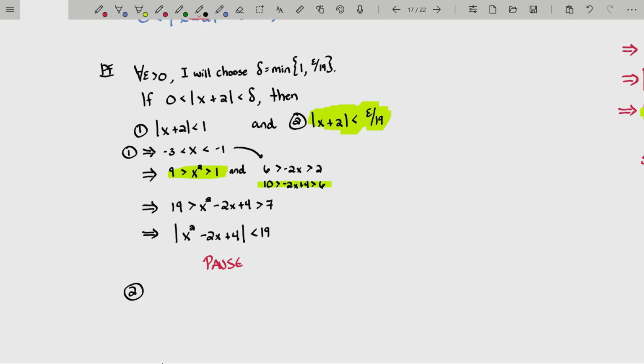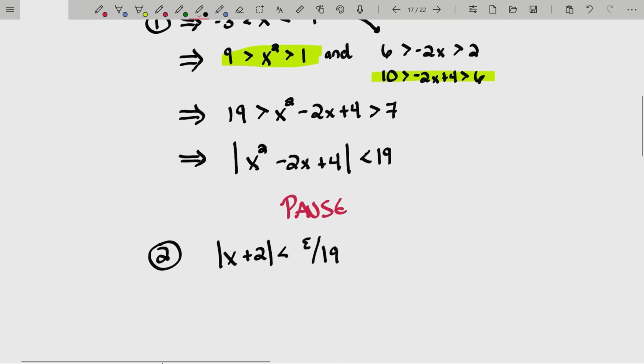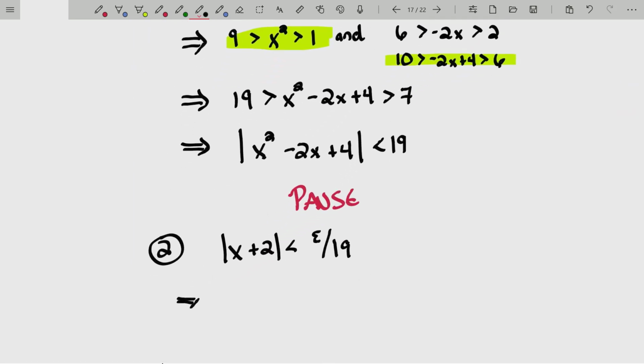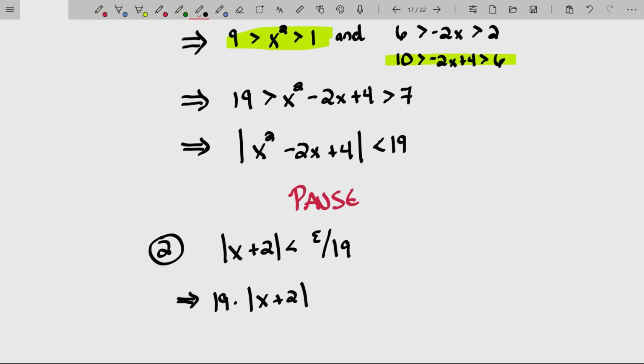Do you mind if I multiply both sides of this statement by 19? And they say, no, that's okay, I guess. I say, great, thank you. But why would you do that? Well, I'm not going to tell you until I get there. You'll just have to hold on to your seat.